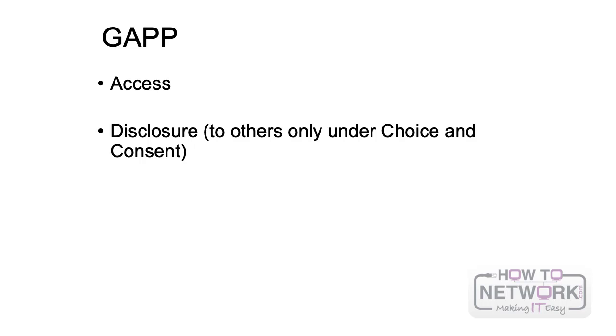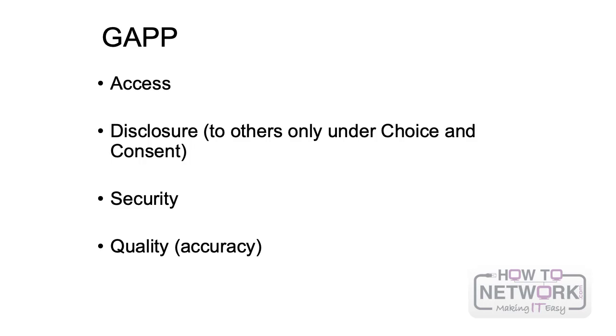So it brings back choice and consent, but this is choice and consent for disclosing data to other organizations. And security, obviously: the techniques put in place to guarantee that private information is not going to be accessed by someone else, by another company, for example.